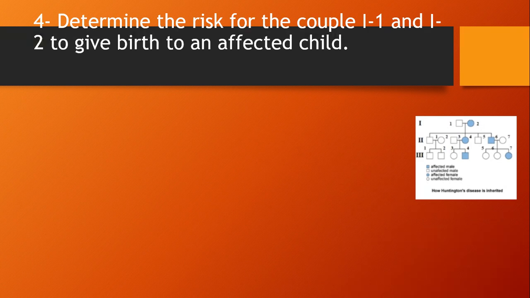So you can simply refer to the table of cross by putting the genotype of the father and that of the mother. In this case, the genotype of the father is small n, and the genotype of the mother is capital D small n. So you simply draw the table of cross, and you will reach the risk for this couple to have an affected child.